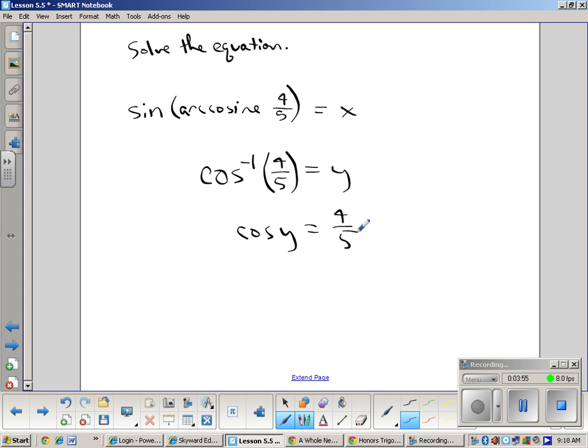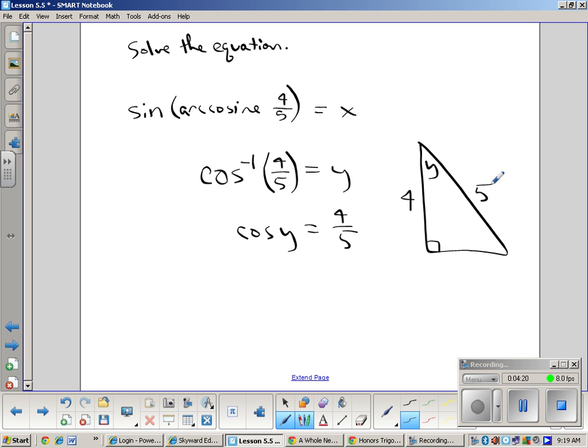If I drew this right triangle, cosine means what? Adjacent over hypotenuse. So if this is y, this is my adjacent side, and this is my hypotenuse. Adjacent is 4, hypotenuse is 5.